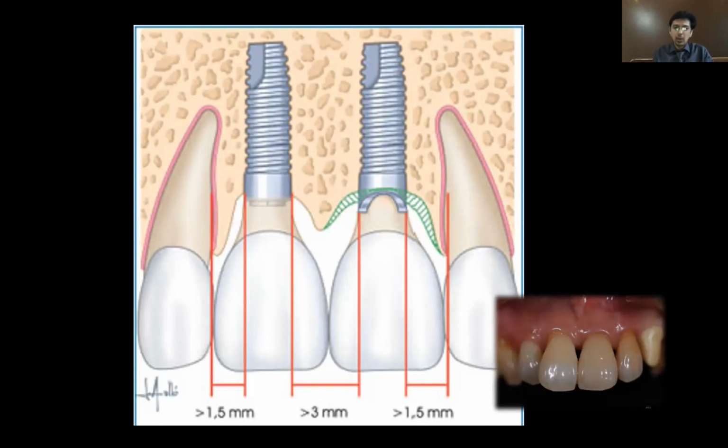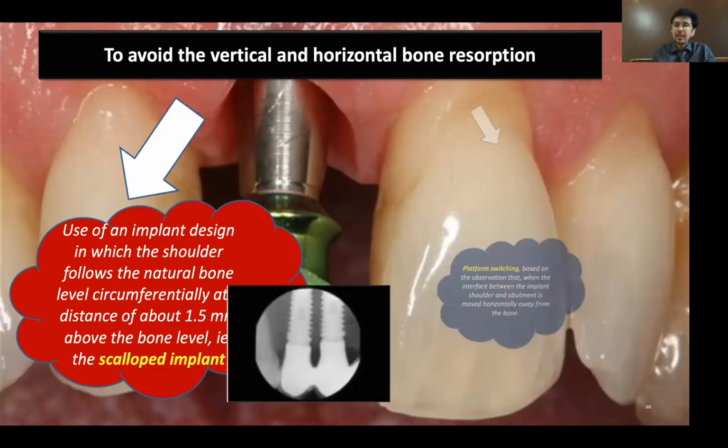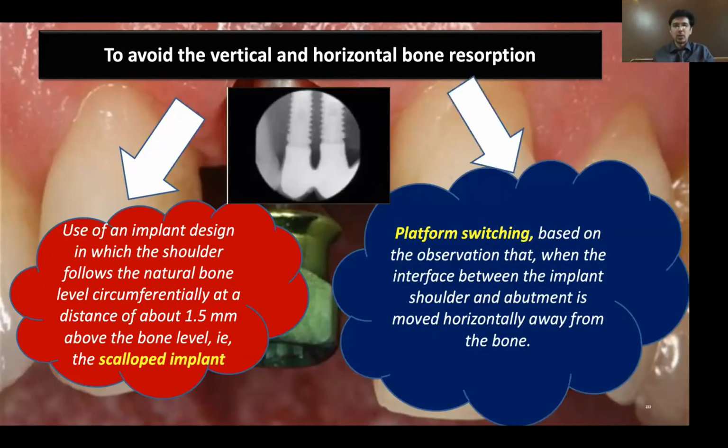Okay. Now, this biologic width resorption can be reduced. Instead of flat platform implants, if we are to use implants with a scalloped platform, which are not so easily available, this bone loss will be lesser. And in case we go for platform switching also, this bone loss will be lesser. So normally implants are flat on the top.